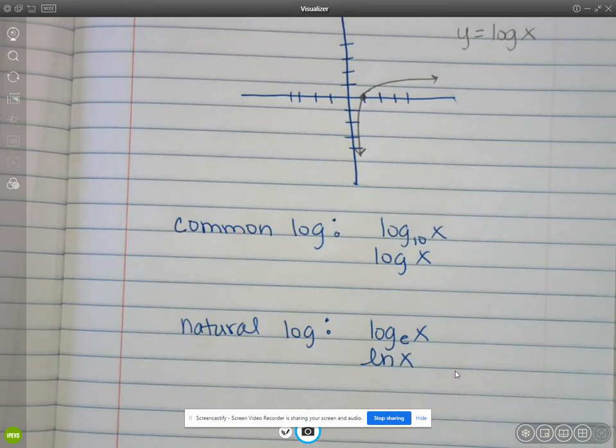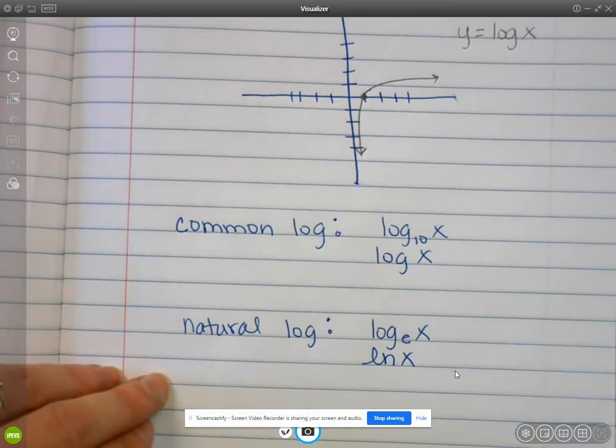We'll figure out what it is and where it came from in tomorrow's lesson. For now, you just need to understand that it's kind of like pi. It's a symbol that represents a specific number, about 2.7. If we have log base e, we write it as ln. It's just understood, if you see ln of something, that the base is e.